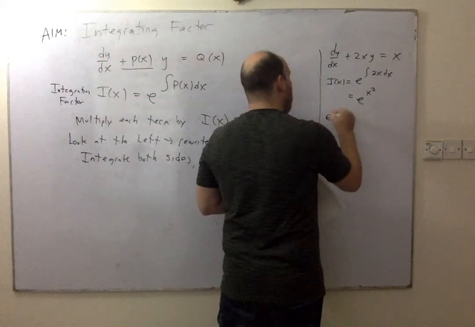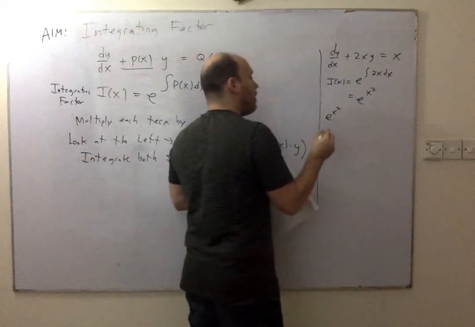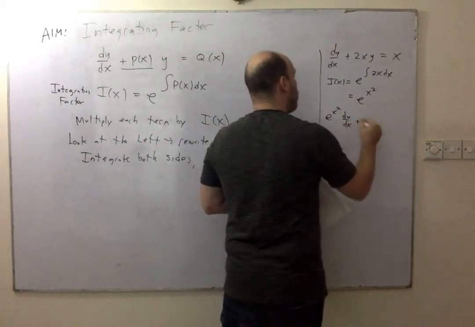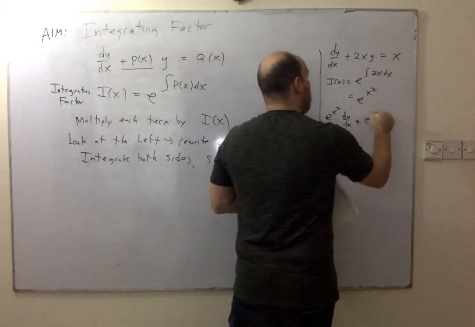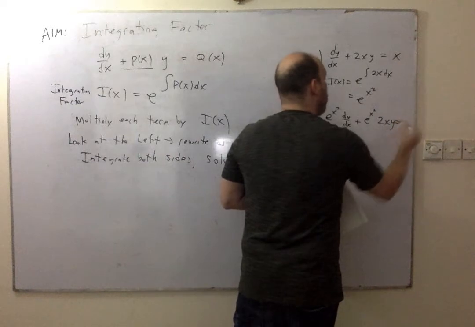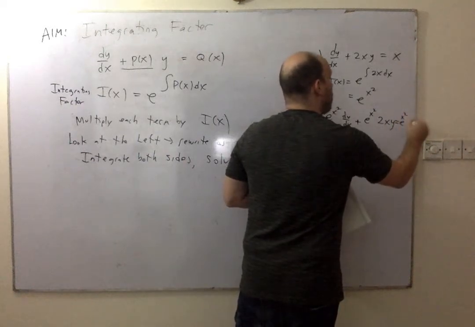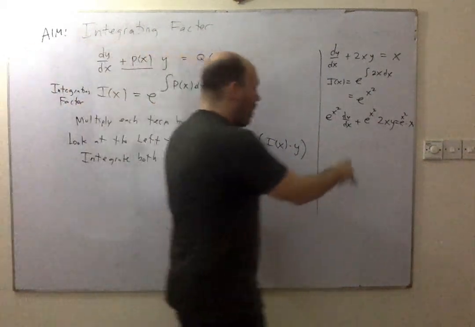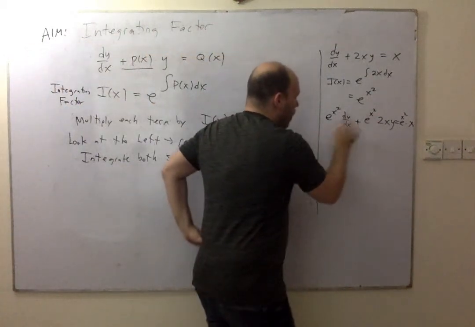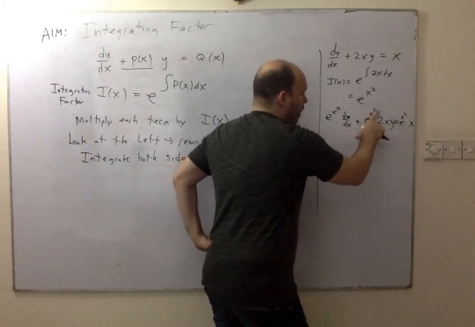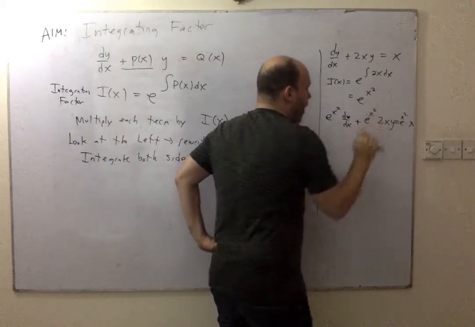So we have e^(x^2) dy/dx plus e^(x^2) 2x y equals e^(x^2) times x. Now, it's not a coincidence. The derivative of e^(x^2) is e^(x^2) times 2x.